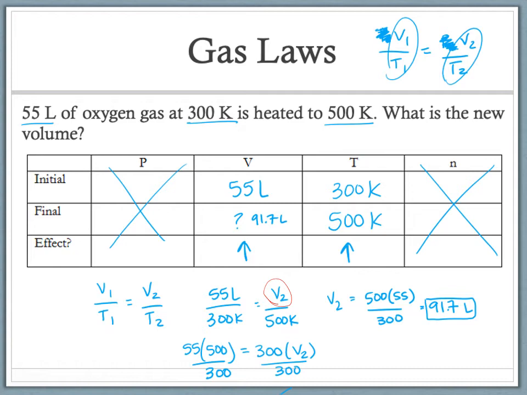I multiplied by 500 and then divided by 300, and I get 91.7. Now, the temperature went up, so I anticipated that my volume should go up, which it did.